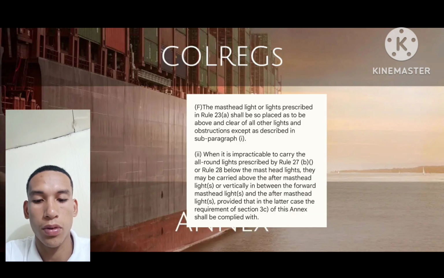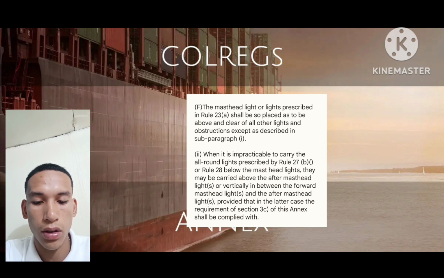F is for Foxtrot. The masted light or lights prescribed in Rule 23(a) shall be so placed as to be above the glare of all other lights and obstructions, except as described in the sub-paragraph.